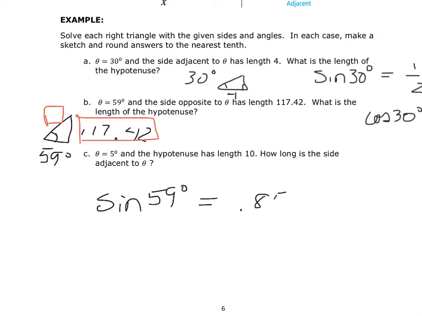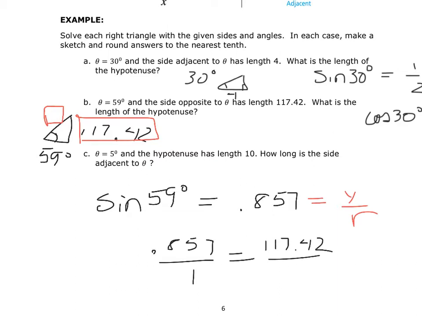So 0.857. Now remember, this is equal to my y value over my r value. So this is 0.857 over 1. I'll give you my y value, 117.42, divided by my r that I'm looking for.